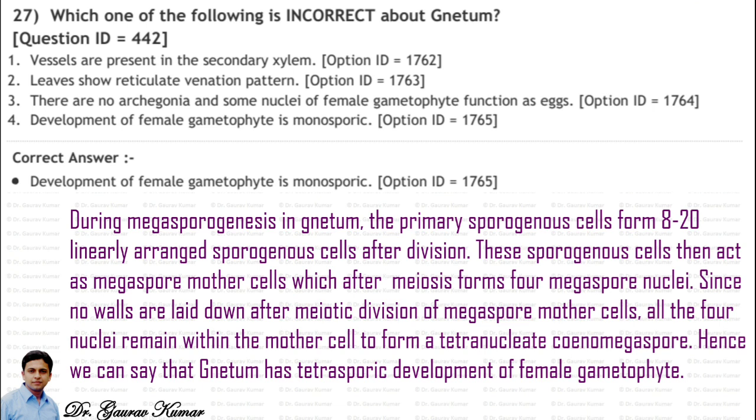Since no walls are laid down after meiotic division of megaspore mother cells, all the 4 nuclei remain within the mother cell to form a tetranucleate coenomegaspore. Hence, we can say that Gnetum has a tetrasporic development of female gametophyte and not the monosporic one. So option 4, that is development of female gametophyte is monosporic in Gnetum, is incorrect.